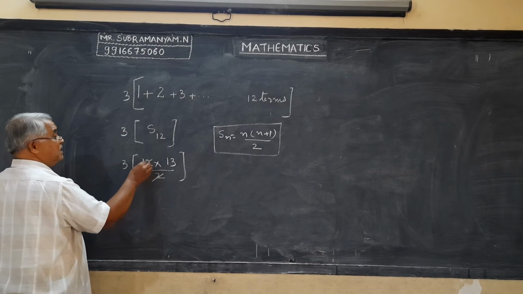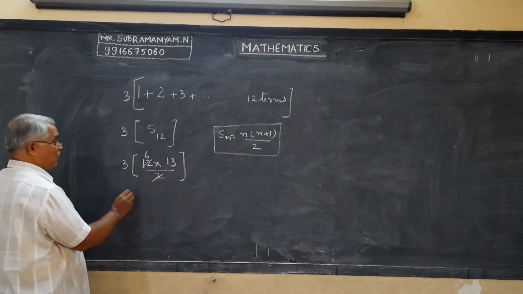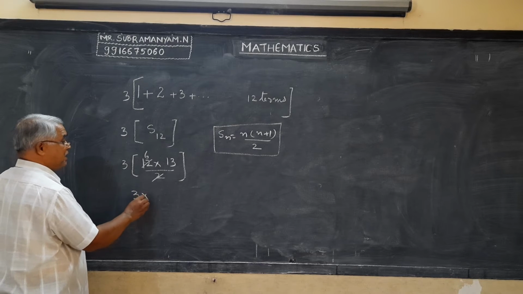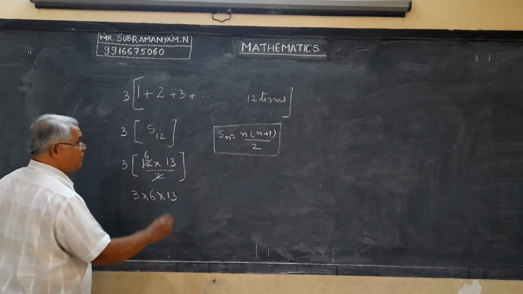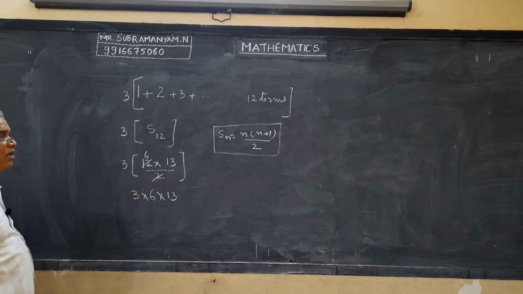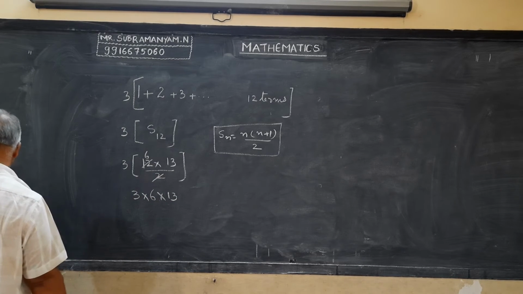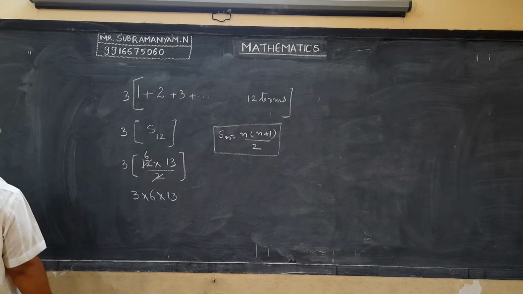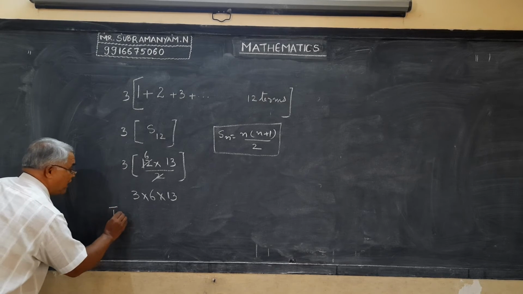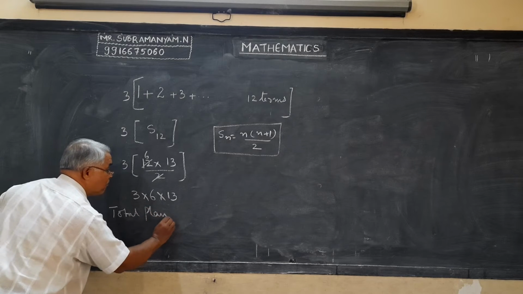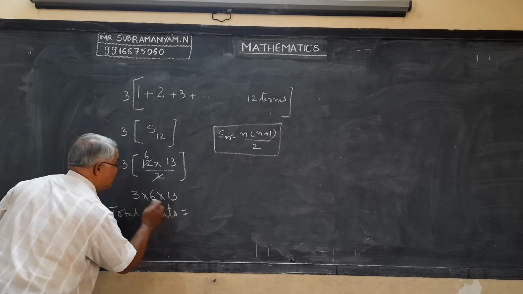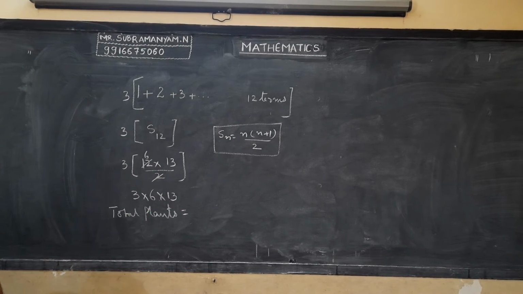So 2 sixes are 12, so 6. Now we multiply 3 into 6 into 13. That will give you the total number of plants that they are going to plant. So total plants equal to, now multiply children, 3 into 6 into 13.